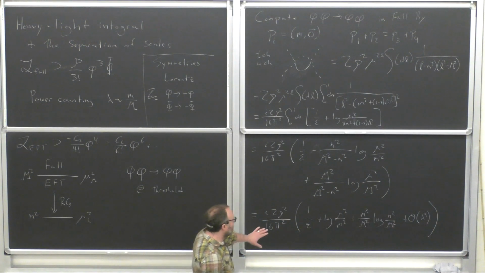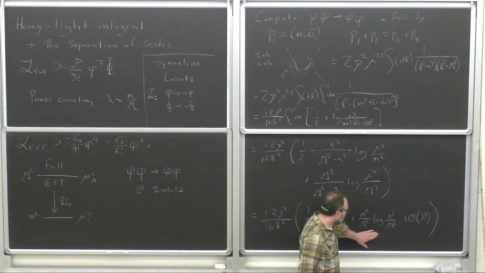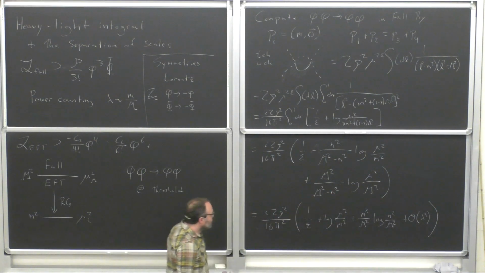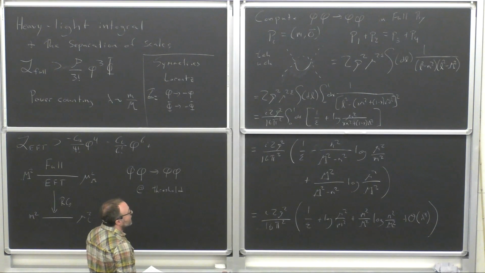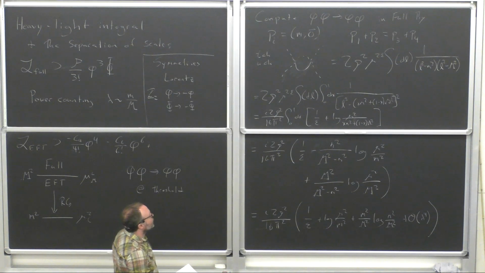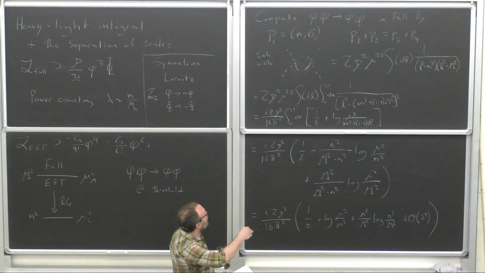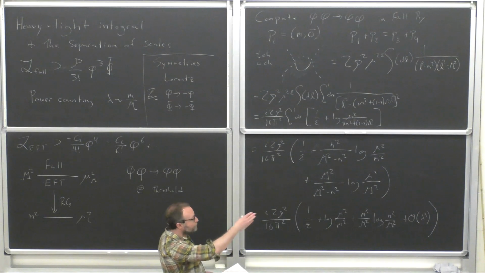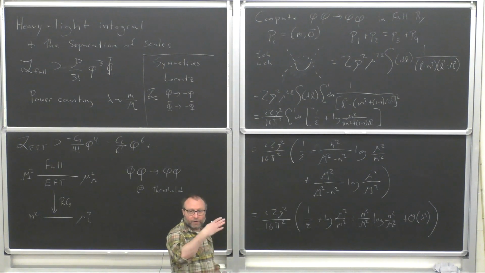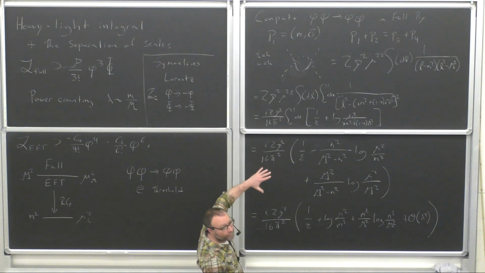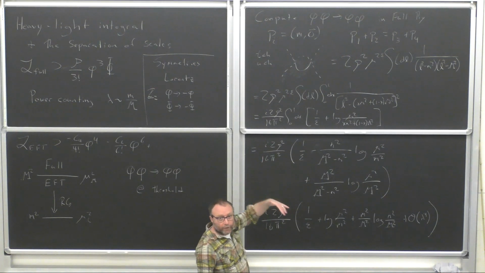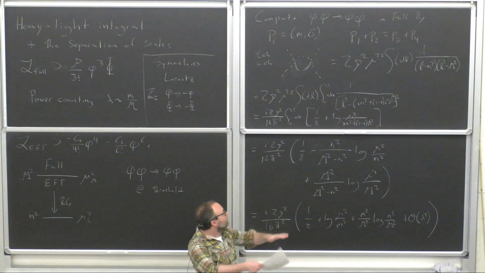So now we of course need to deal with the S-channel diagram. For the T and U-channel diagrams, there's no momentum flowing through the propagators, so you can just compute the loop.